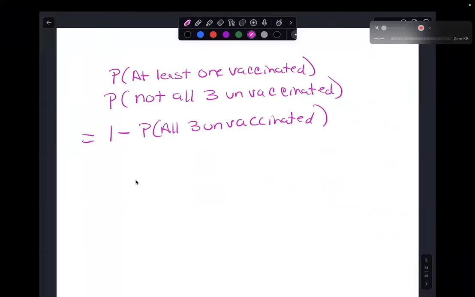So we take the probability at least one vaccinated. It's the same thing as the probability that not all three are unvaccinated. So it's one minus the probability all three are unvaccinated.